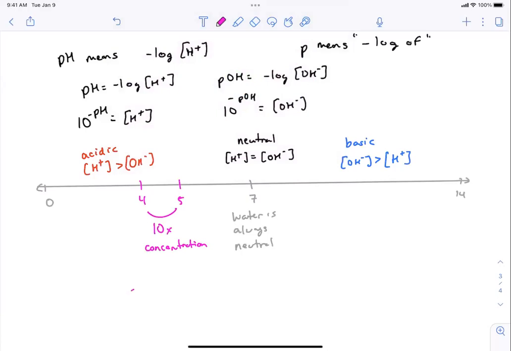So if you want to think about it, this is 10 to the negative 4, and this is 10 to the negative 5. So notice it's a power of 10 difference between the units here. Oh, molarity. Yeah.